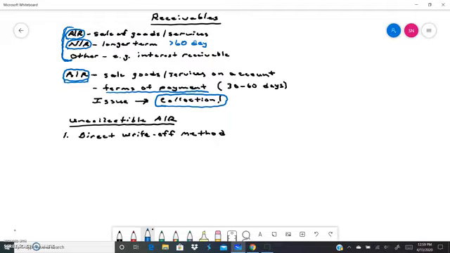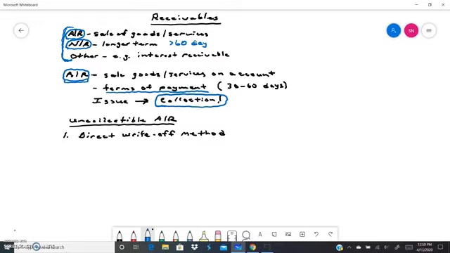And obviously that draws a lot of attention from the lender or from the credit card company. And that's obviously a key issue to them, and to anyone who's making sales of goods or services on account. They're going to want to make sure that they collect all of those receivables.